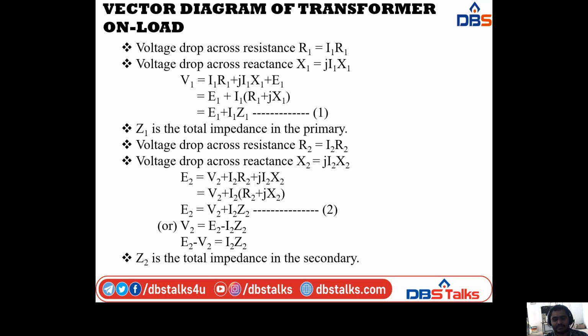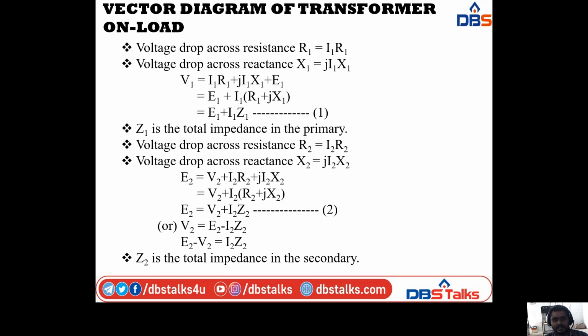Here R2 plus jX2 is Z2, so V2 is equal to E2 minus I2 Z2. V1 is equal to E1 plus I1 Z1, and V2 is equal to E2 minus I2 Z2, or E2 minus V2 is equal to I2 Z2.